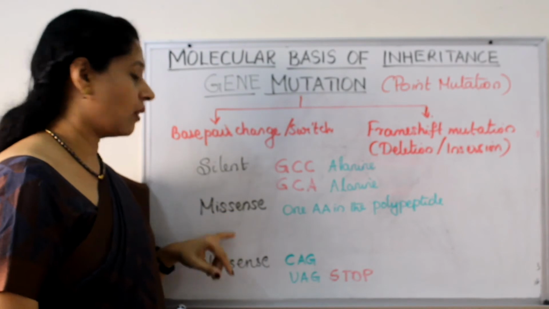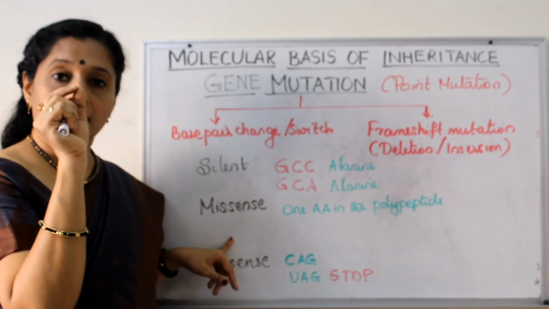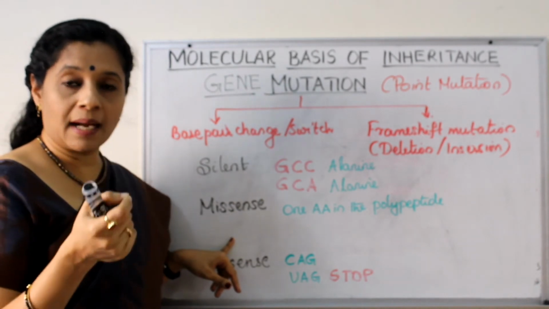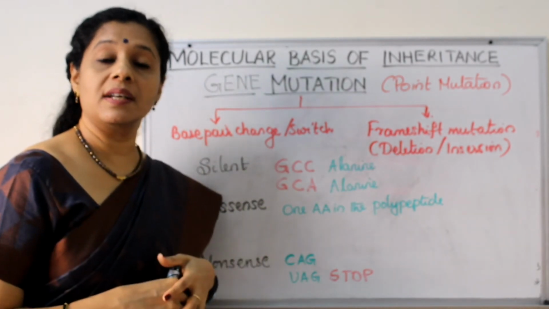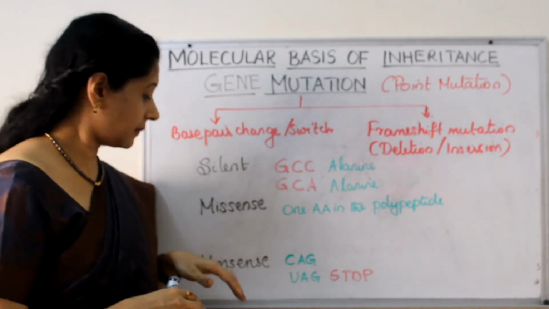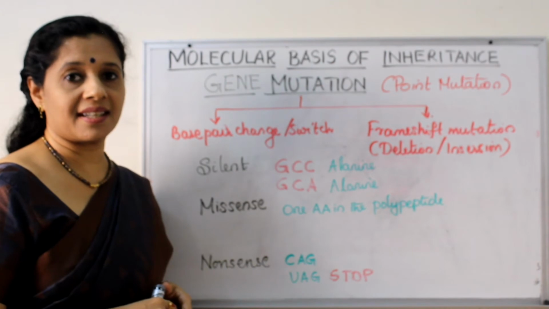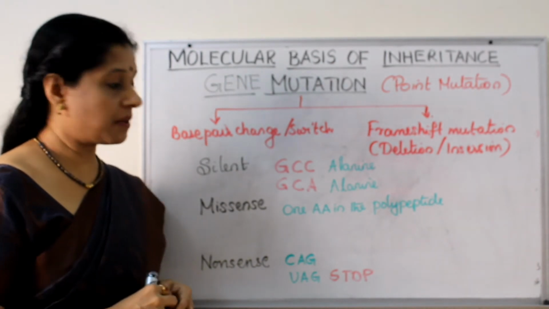Now, second is missense. That is, only one base pair switch will change one amino acid in a long polypeptide, just like we saw in the case of sickle cell anemia. So there can be an effect. Then the last is very drastic, nonsense mutation. Nonsense mutation means what?